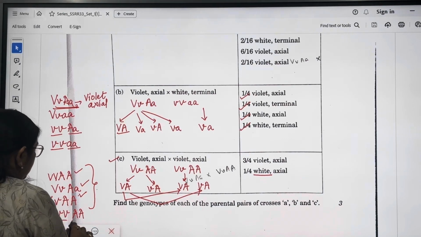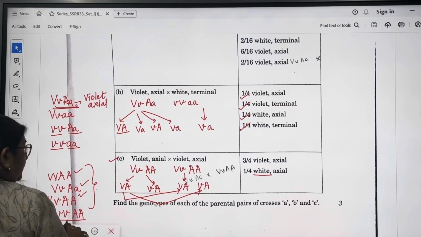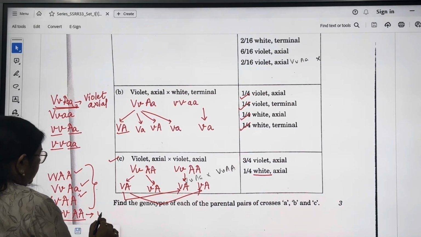And small v small v, capital A, is white axial.